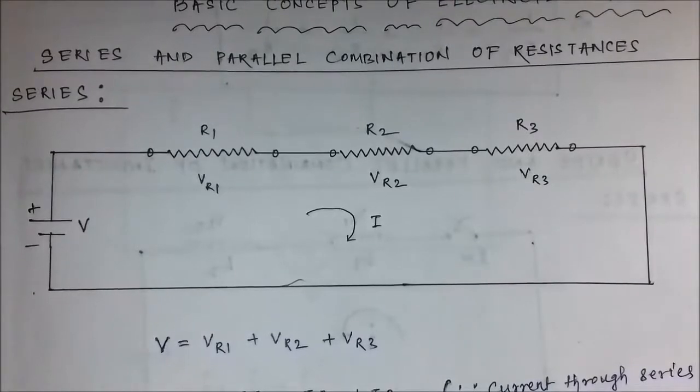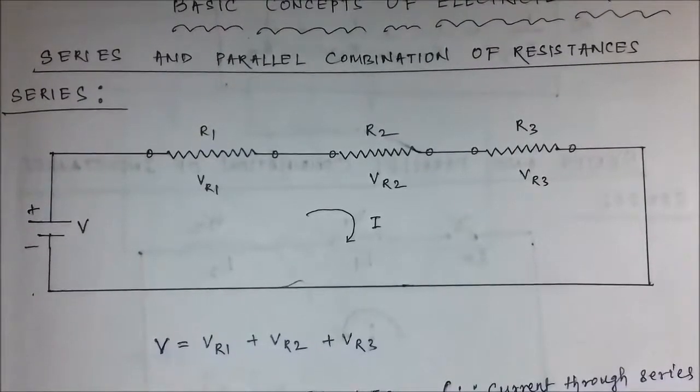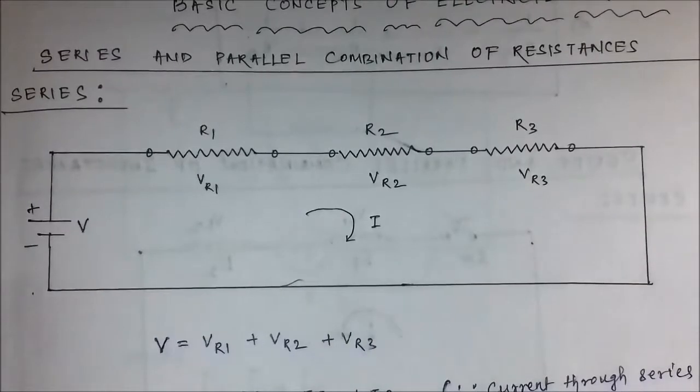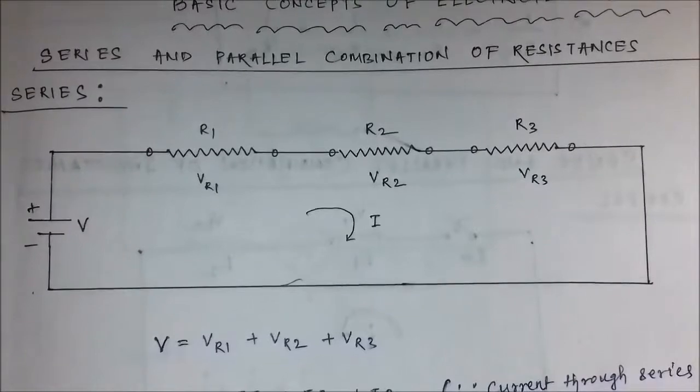Now we all know the current in a series connection of impedances or circuit elements stays the same. So the same current I flows through each of these resistors R1, R2 and R3.